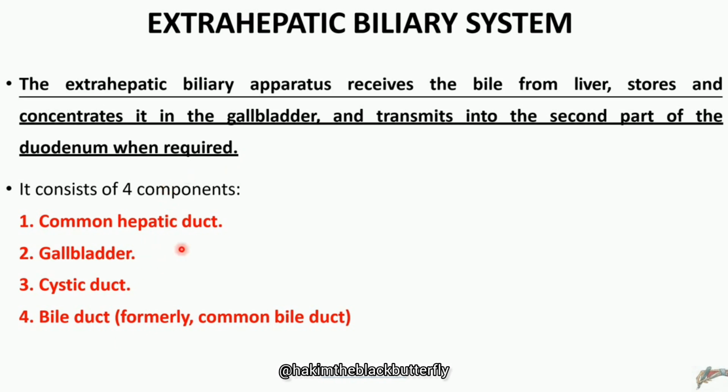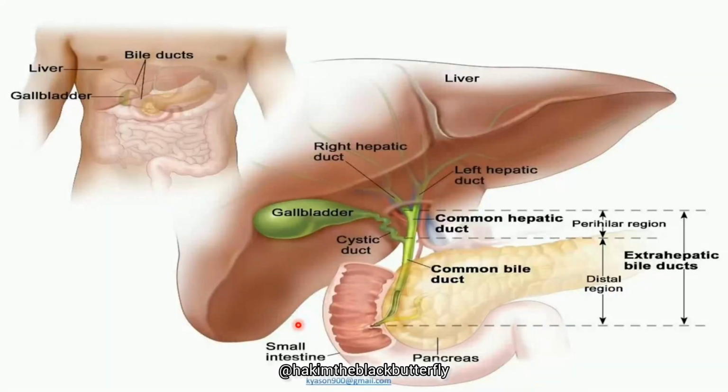So there are four components of the extrahepatic biliary system. We have the common hepatic duct, the gallbladder, the cystic duct, and the common bile duct. So those are the components of the extrahepatic biliary system.